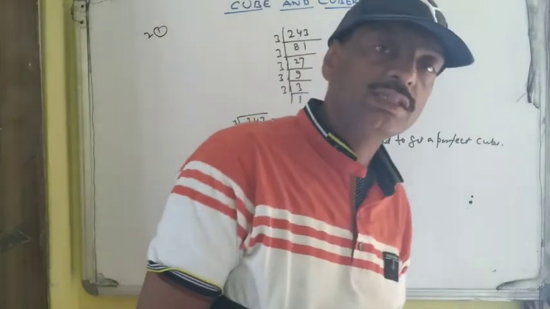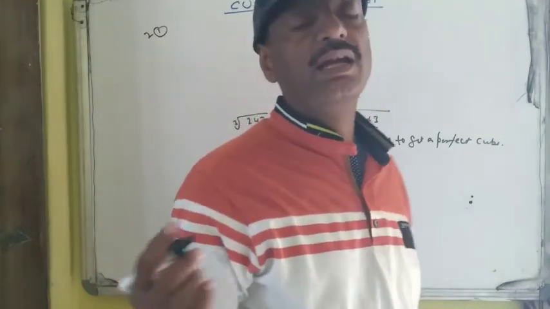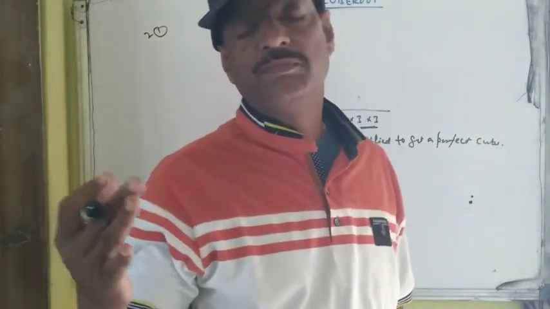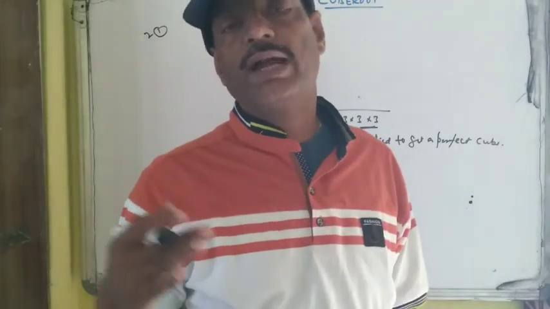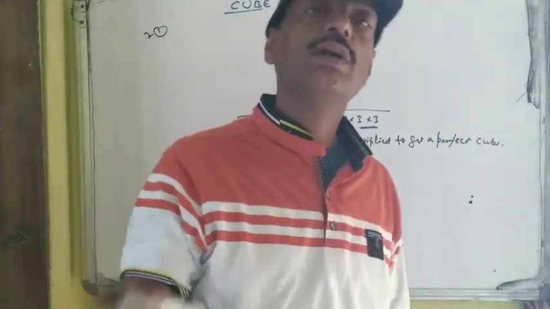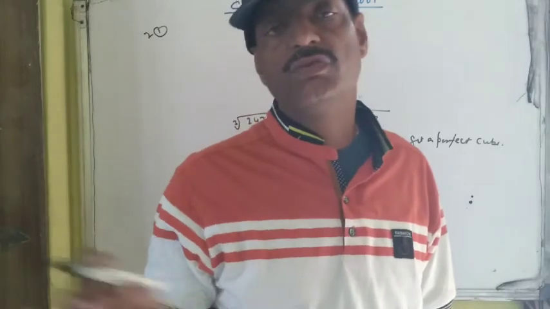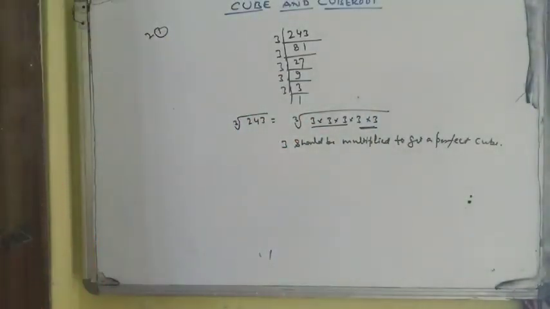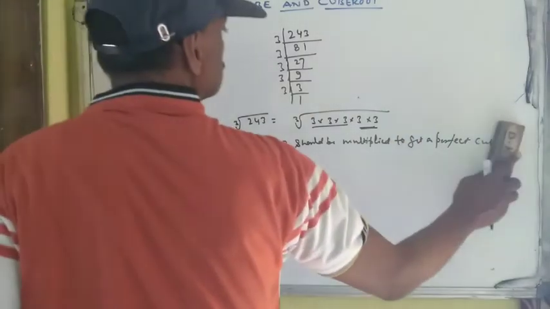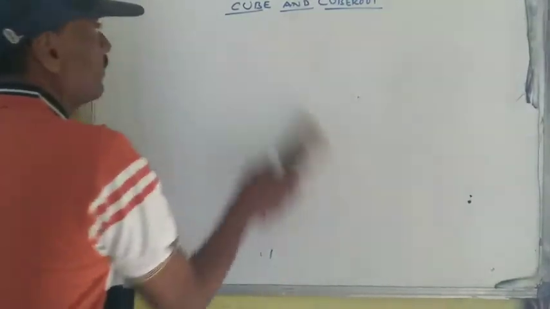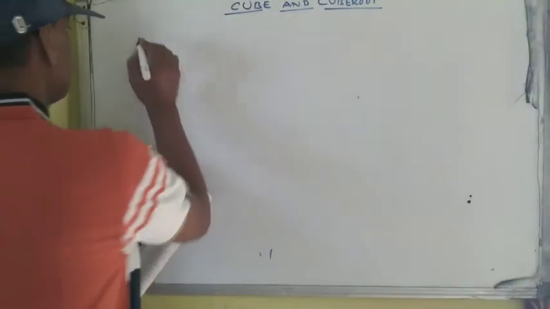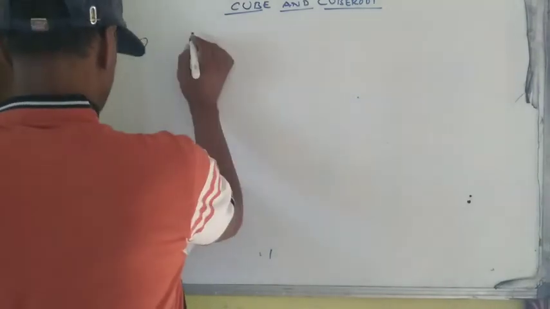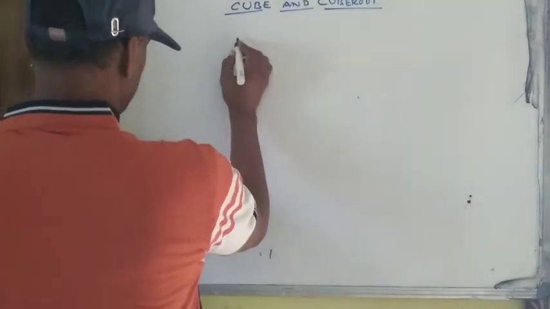The procedure is the same, the only difference is that we have to divide by whatever extra factors we get which do not have the perfect set of threes. Just see here. Let us take the number 135.